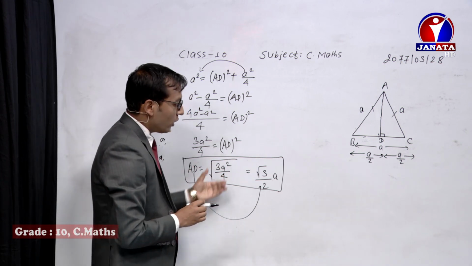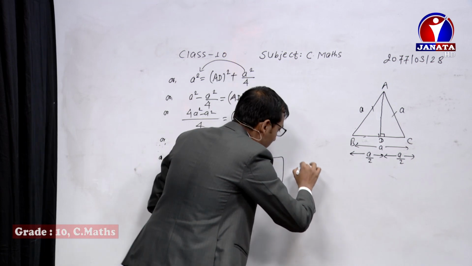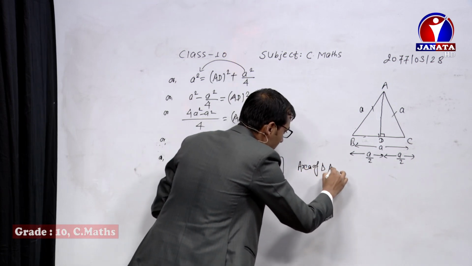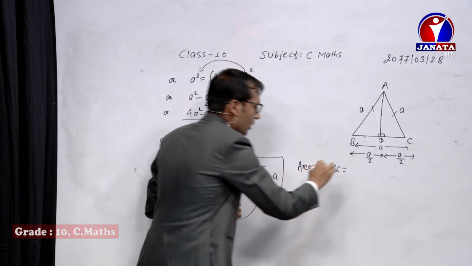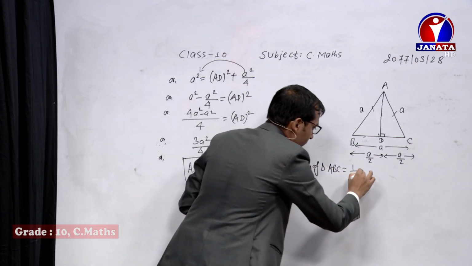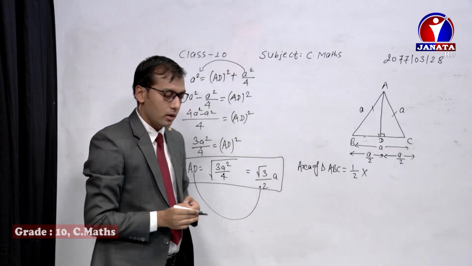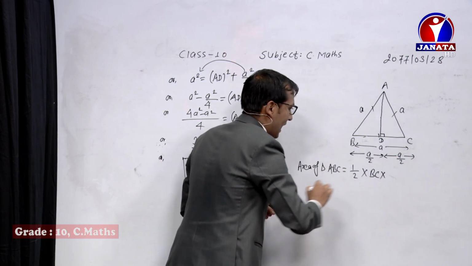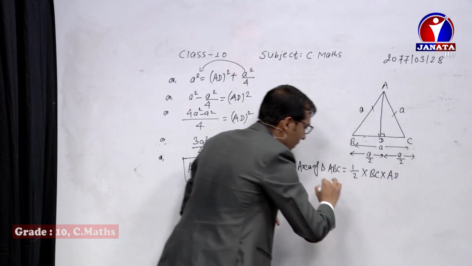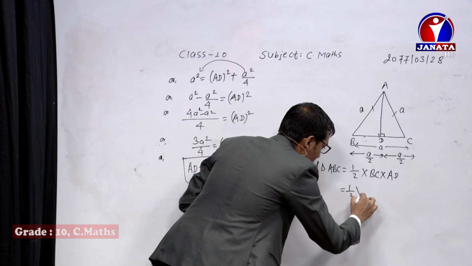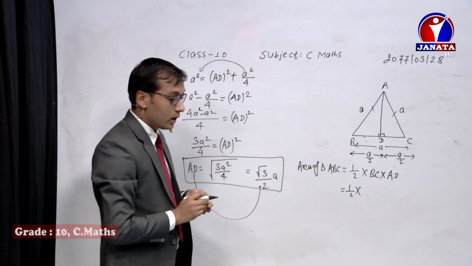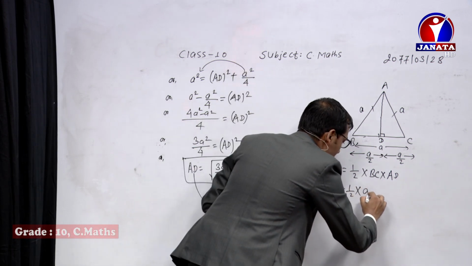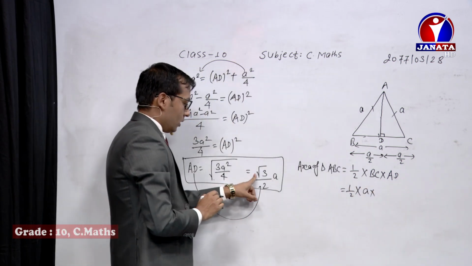So after knowing AD, now what is the basic formula to find area? So area of triangle ABC is 1/2 times base BC times height AD. So 1/2 times what is the length of BC? It's A, times what is AD?